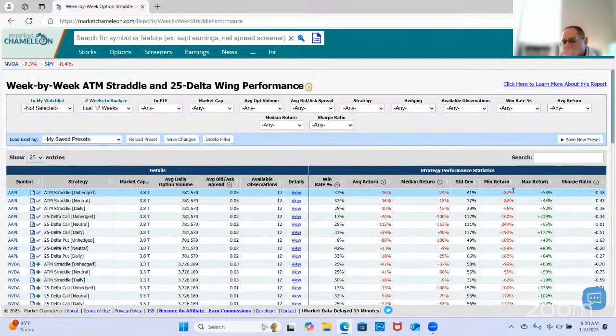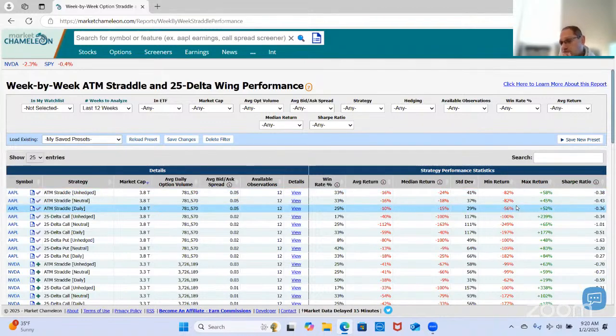What else can we learn from our data set? Well, why not look at the best return in the last 12 weeks and the worst? If we sorted it from highs to lows, what was the highest return in this straddle? Was it 100%, 200%? And what's the worst? In this situation, the worst return was negative 82%. So out of those 12 observations, none of them probably closed right at the strike.